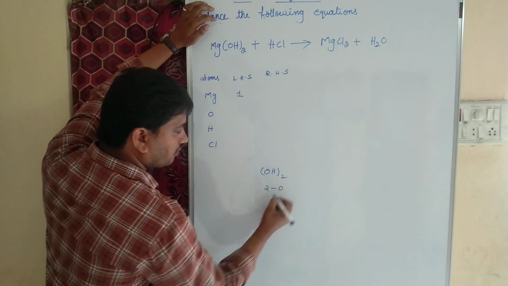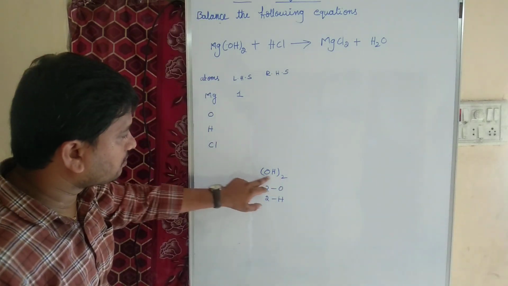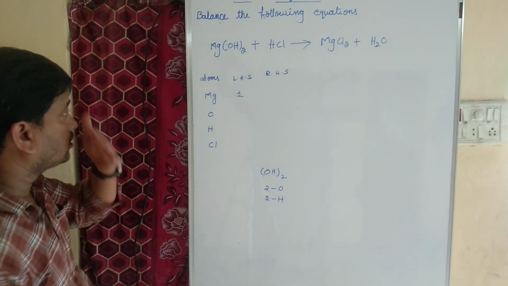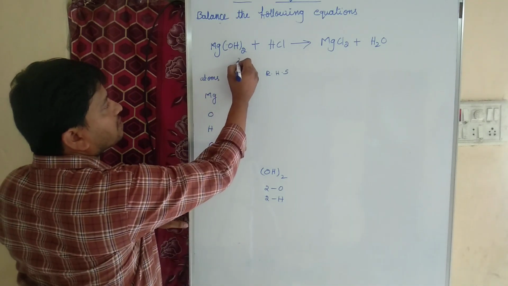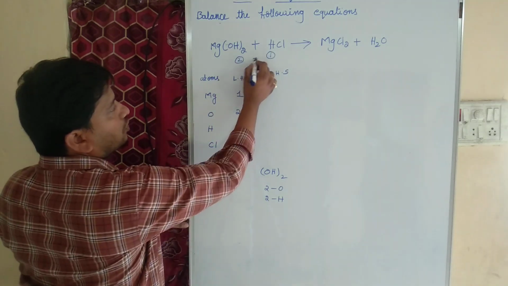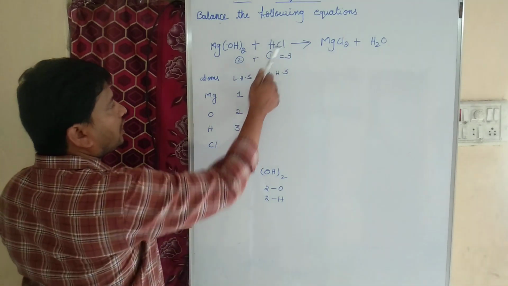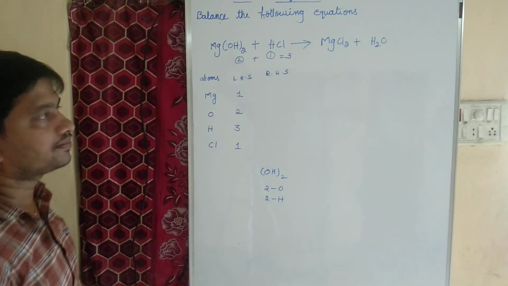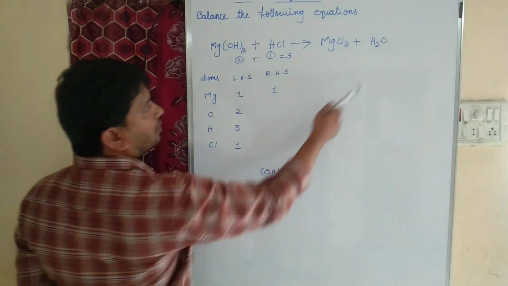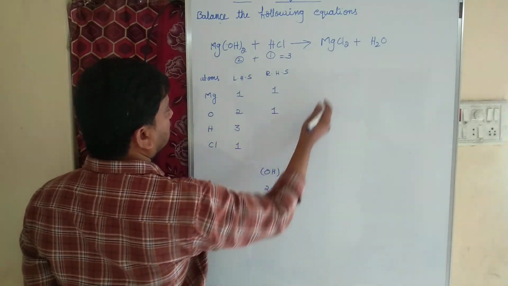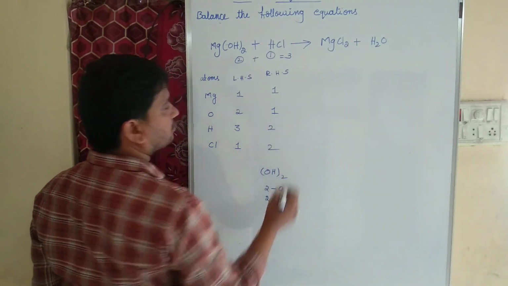I mean 2 atoms of oxygen as well as 2 atoms of hydrogen, right? So here we have 2 atoms of oxygen, 2 atoms of hydrogen, as well as here 1 atom of hydrogen. 2 plus 1, together we have 3 atoms of hydrogen, and we have only 1 atom of chlorine on LHS. Now coming to RHS, we have 1 atom of magnesium, 1 atom of oxygen, 2 atoms of hydrogen, 2 atoms of chlorine.